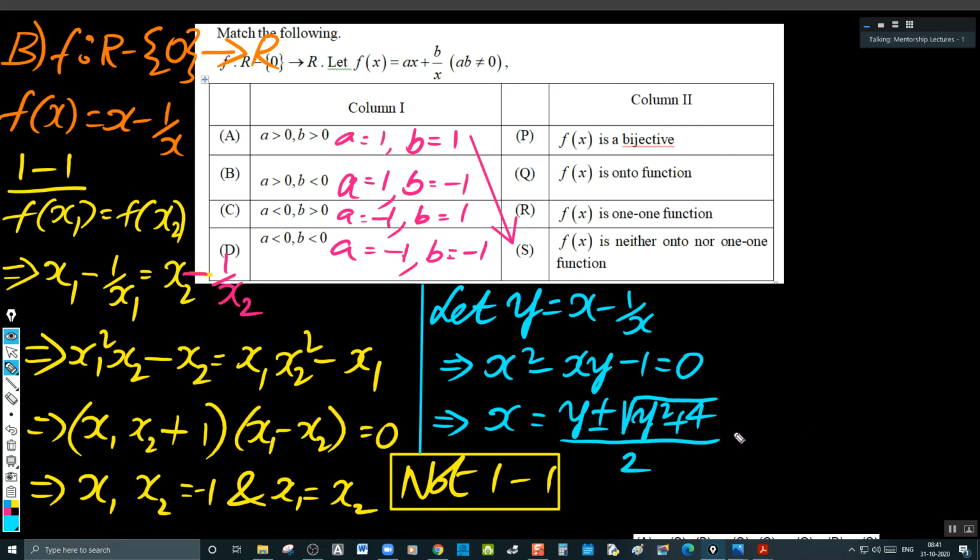So it belongs to R minus 0, which is the domain. And hence you can confirmably say that it is an onto function. So B maps to Q.